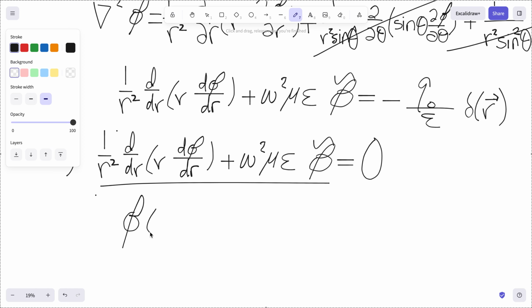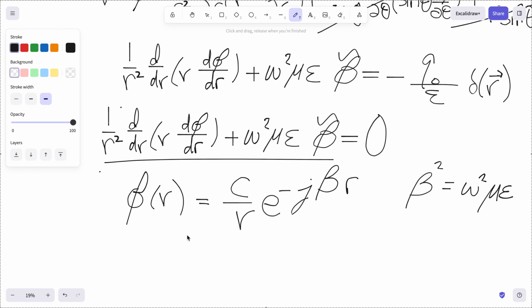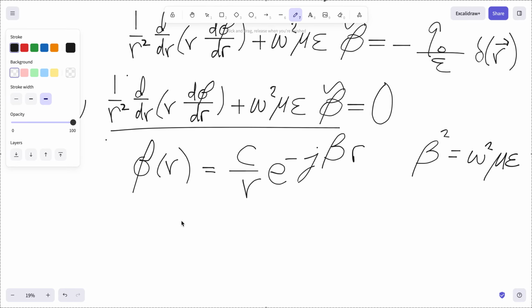phi of r is equal to c over r e to the minus j beta r. Where beta squared is equal to omega squared mu epsilon. Cool. And then if you then go on to take a volume integral, you can calculate c as well.